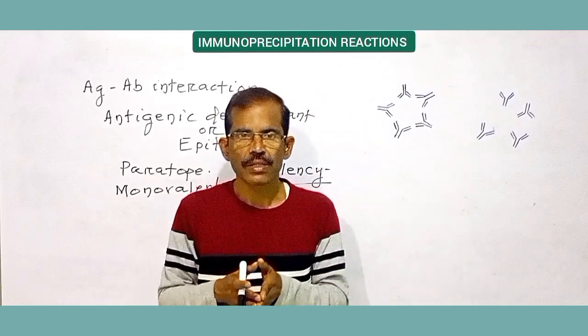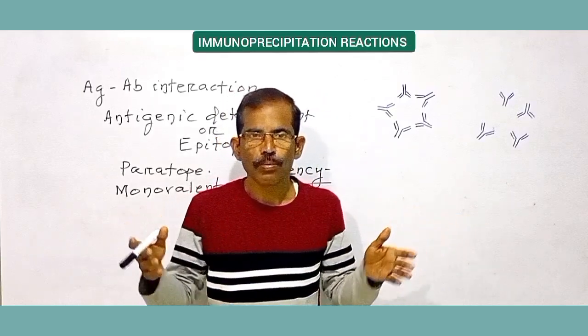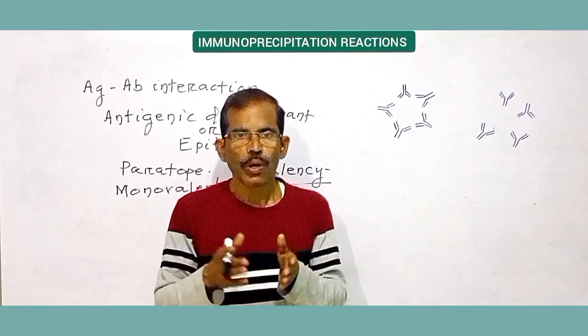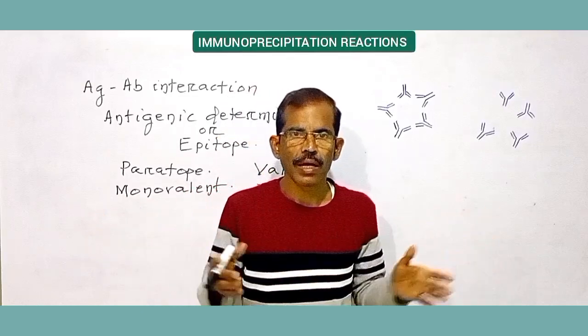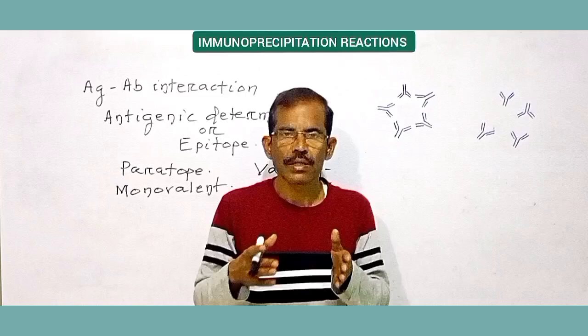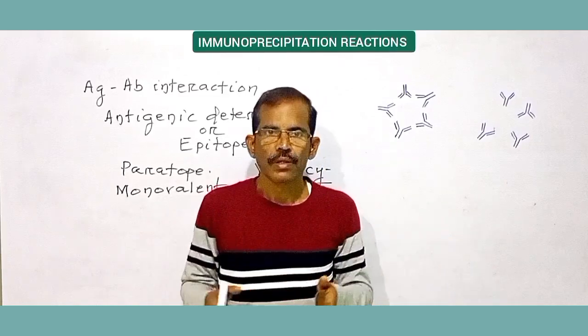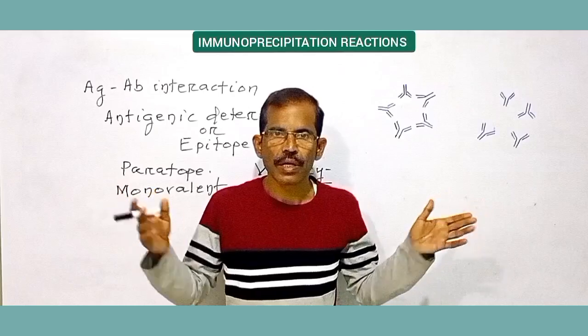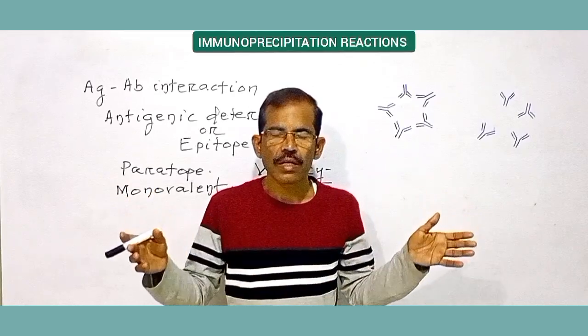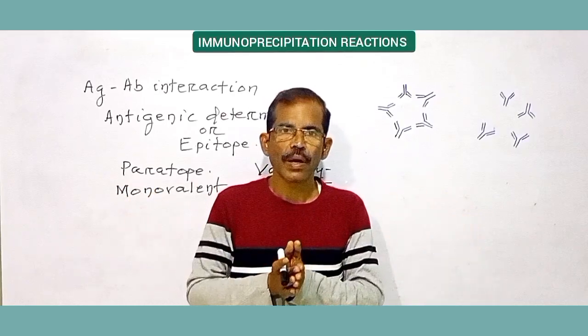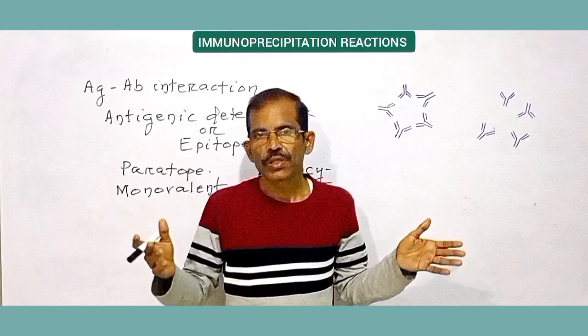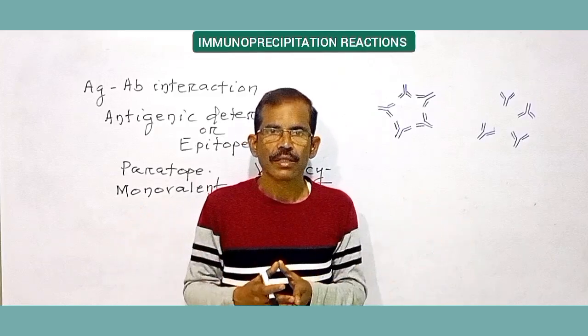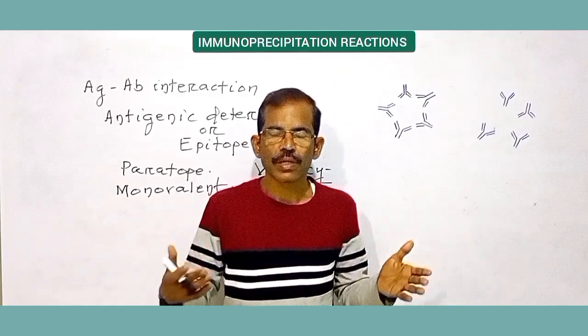Similarly, antigens must be bivalent or polyvalent. When the antigen is polyvalent, then it binds with multiple antibodies. Due to such interaction between antigen and antibody, a cross-linked antigen-antibody complex is formed which becomes so large that it precipitates out of the solution.